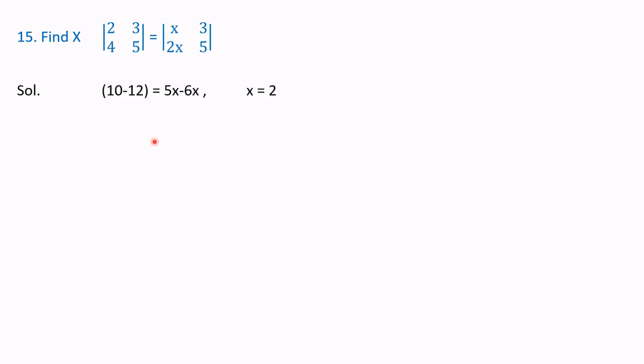On the left hand side, we have 2 into 5 is 10, minus 3 into 4 is 12. On the right hand side, we have x into 5 is 5x, minus 3 into 2x is minus 6x. Therefore, on the left hand side we get minus 2, on the right hand side we get minus x. Therefore, x is equal to 2.